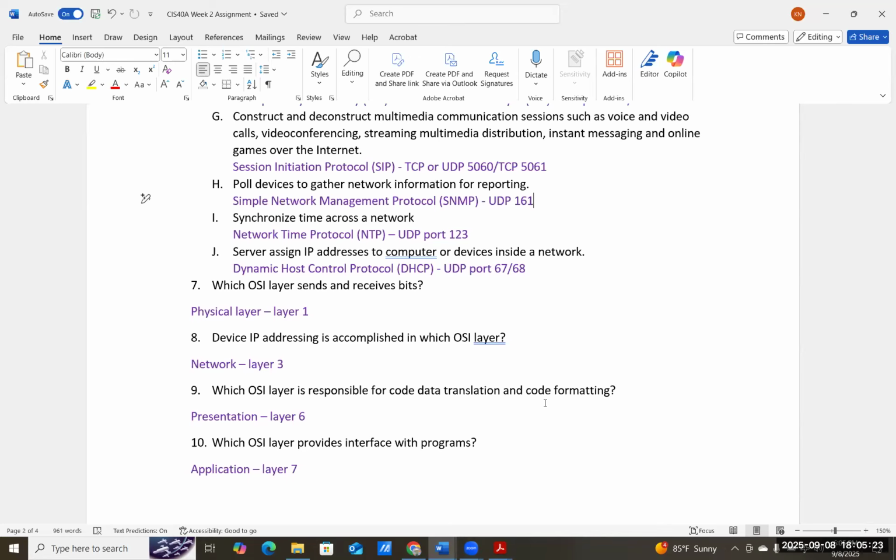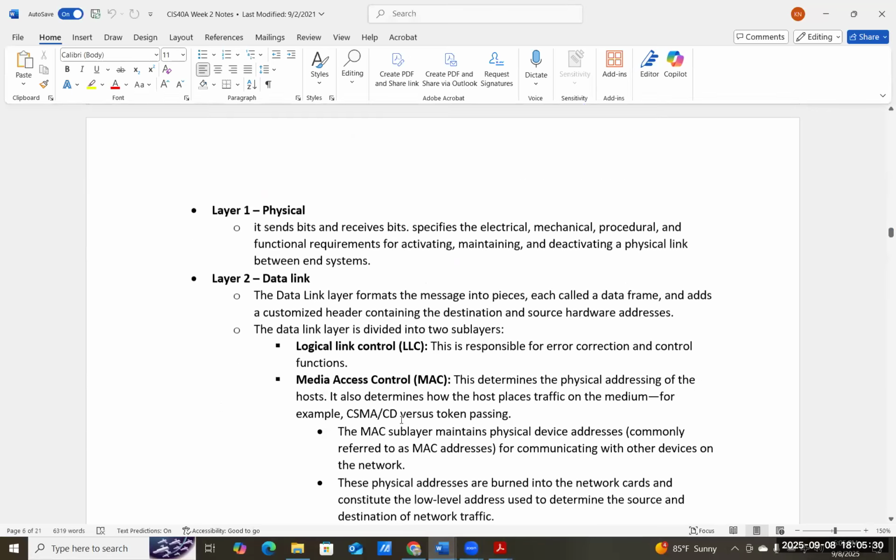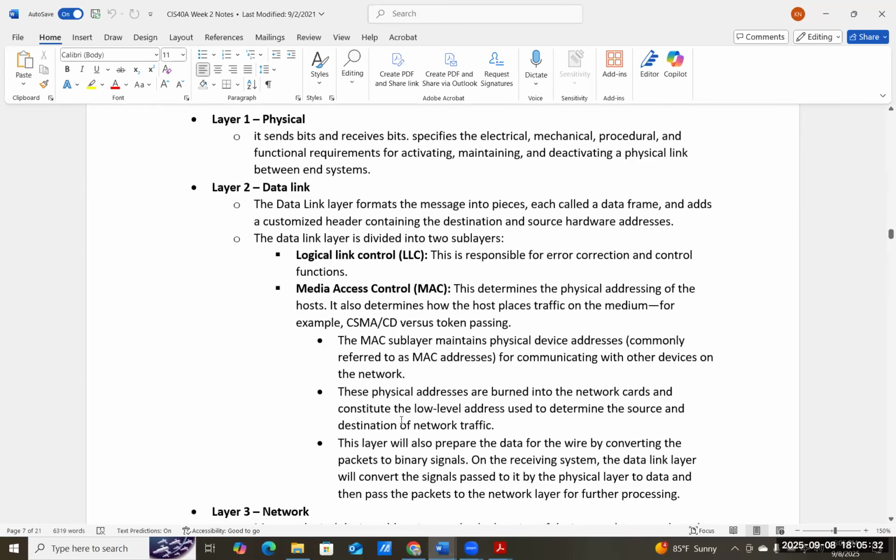Layer 2. Okay, I skipped number 8, which is layer 3, and we'll talk about that. Your layer 2 is your data link, the switch function here. This is where your data is framed. So it puts it into a frame and creates a header for your data.